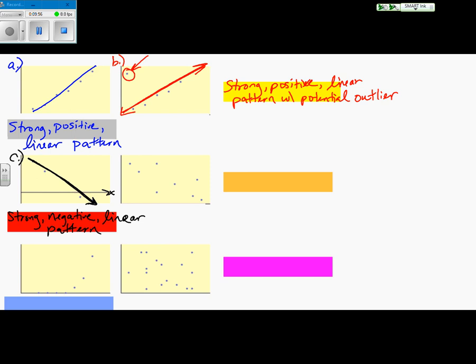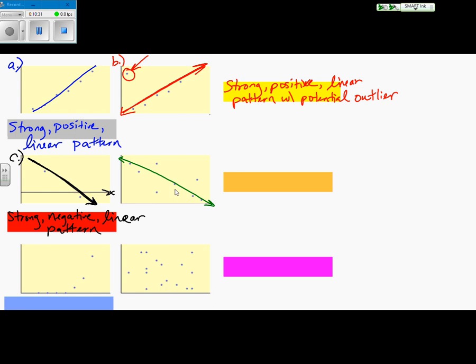All right, well, what's different about the next one? It almost just looks like I randomly scattered all these points, but I didn't. If I look at this one and as I move to the right, I see that in general I'm moving down to the right. So if I try to draw my line halfway between all these points, I see that my line is going down to the right.